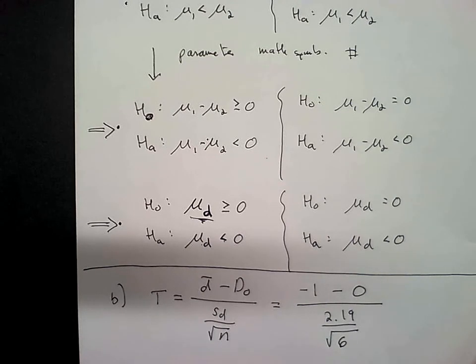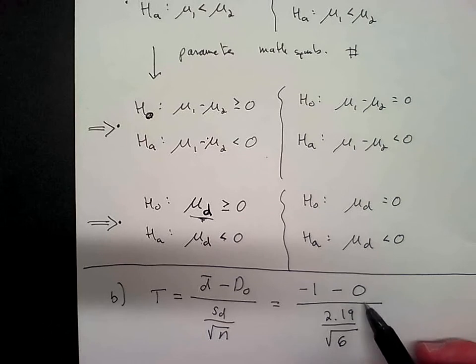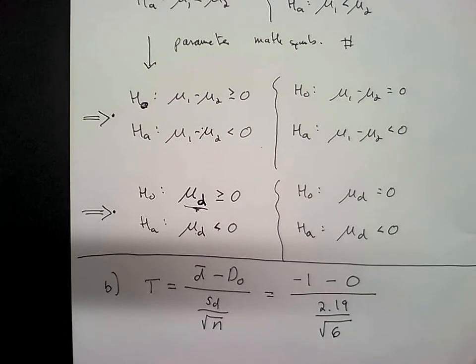Again, like I said last class, chances are that d naught is going to be equal to 0 because it's just asking us to say, hey, one thing is less than the other. If it said one thing was less than the other by some kind of amount, then that amount would simply just go right here. If you remember that d naught is equal to 0, I have yet to see a past common final question where d naught was not 0.